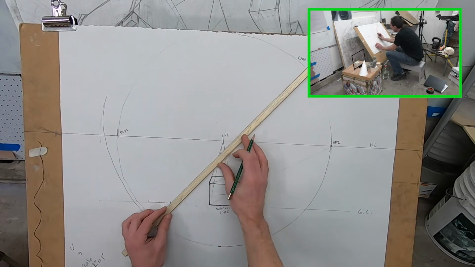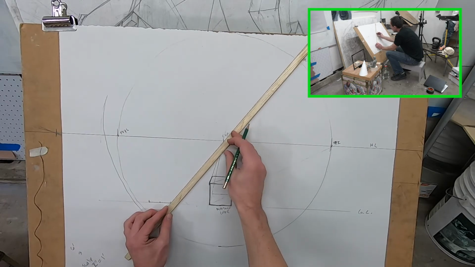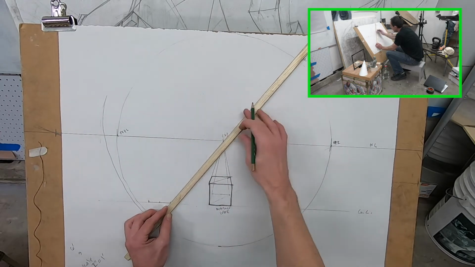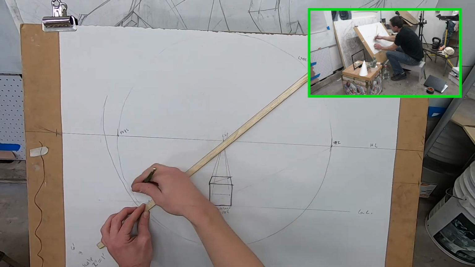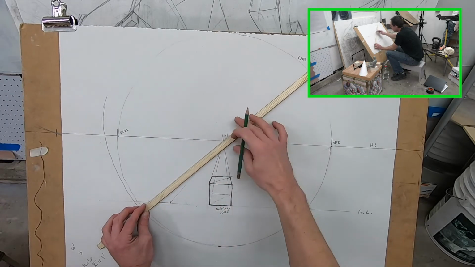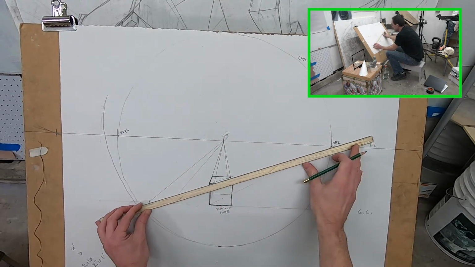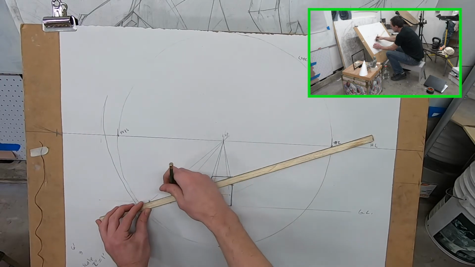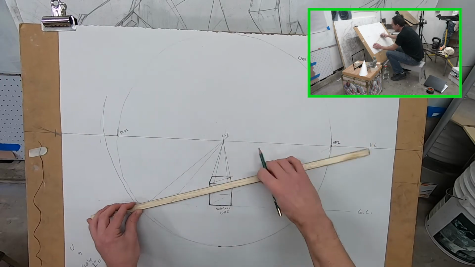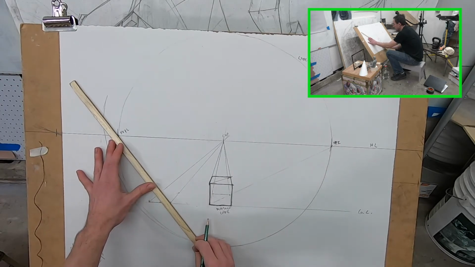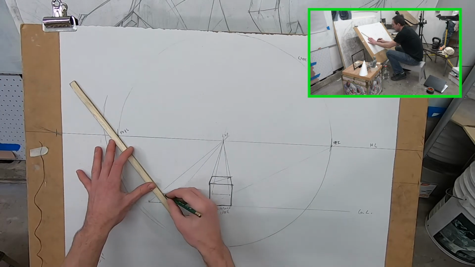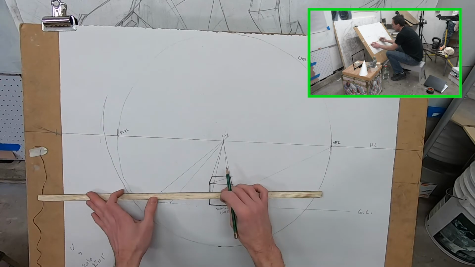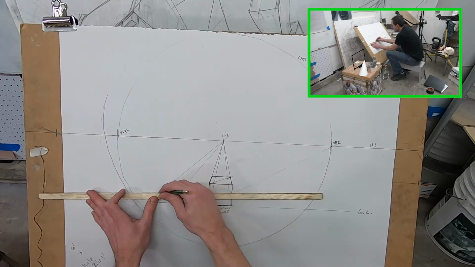And we'll start again by just finding the base. You can still use a diagonal measure line to draw this square to scale. Horizontal is horizontal.